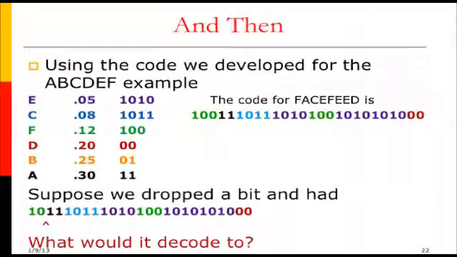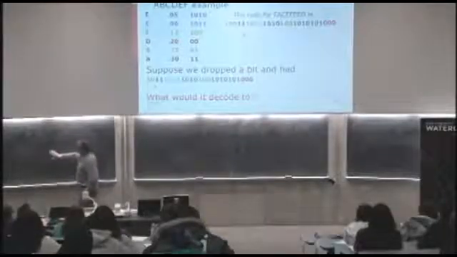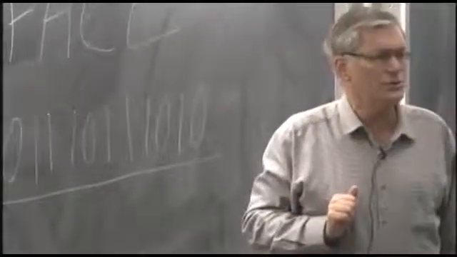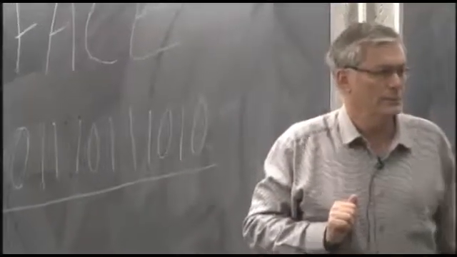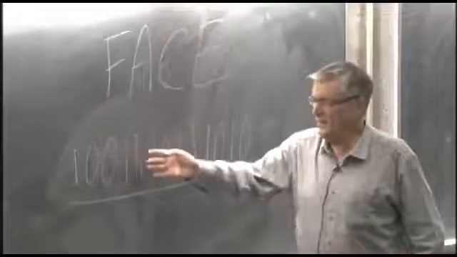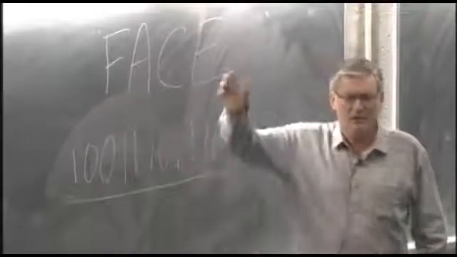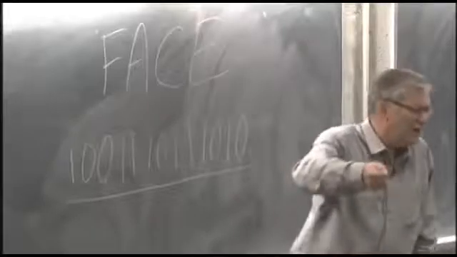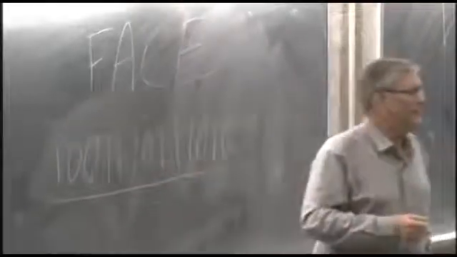Then I transmitted, and I dropped a bit. Oh my gosh. If you flip a bit in a Huffman code, or lose a bit, your alignment between characters is going to get all screwed up. They're not fixed length. They vary. And so you remove a 1 bit or you stick an extra 1 in, you flip a bit, the whole alignment can get messed up.